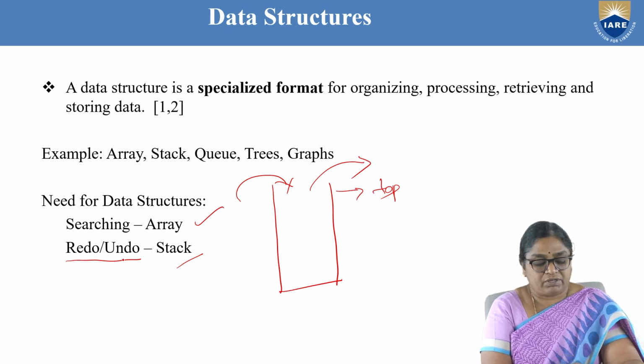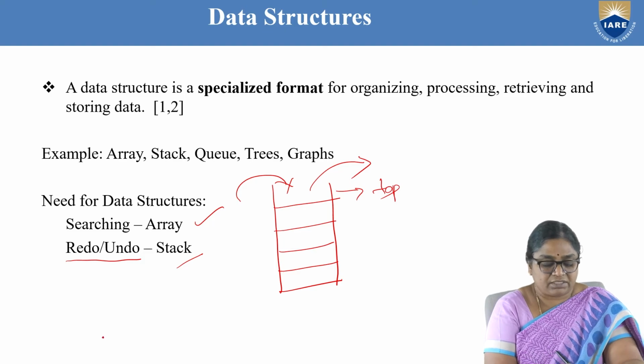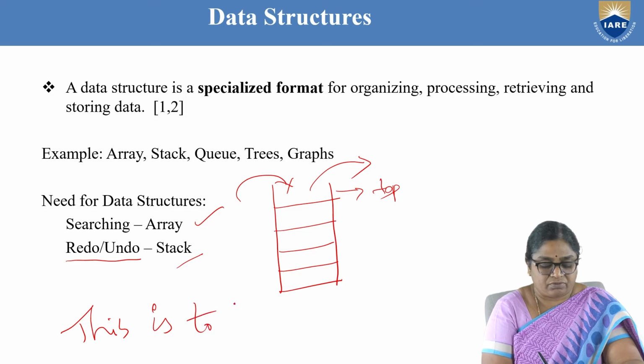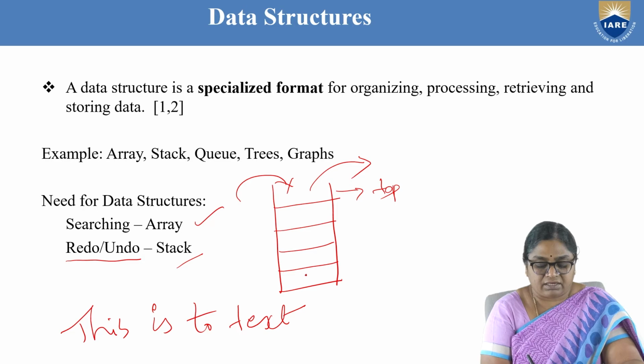To perform redo and undo, we make use of the stack data structure. While preparing a document in a word processing system, we store the operations that we have done onto a stack. For example, I'm writing this statement. This is to test. Instead of writing test, if I write text, then it will store something like this. This is to text.